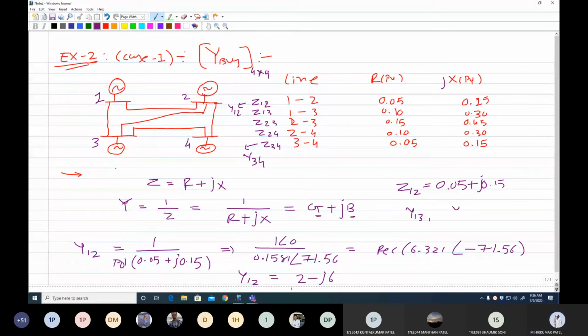Similarly, everyone just calculate the values of Y13, Y23, Y24 and Y34. Just quickly calculate the rest of the admittances, or transfer admittances, of this network. One by one, just tell me the answer.